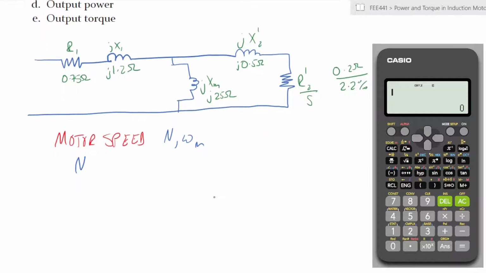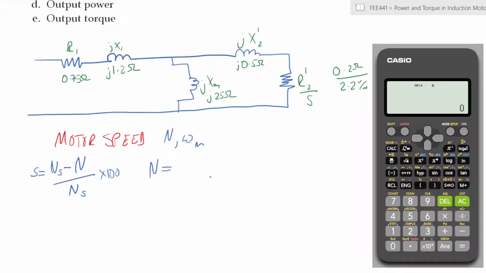Now, N, as we know, is related to the synchronous speed through slip. So slip is equal to Ns minus N over Ns times 100 in the case of a percentage, all right? And we know two of those, so we want to make N the subject.